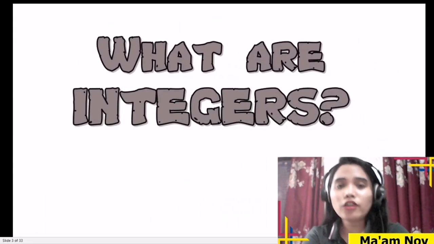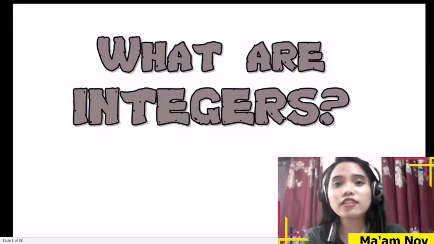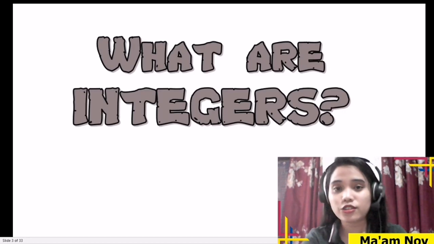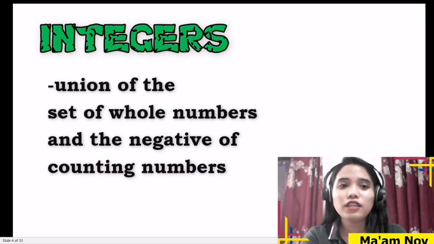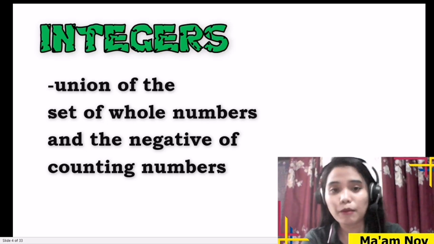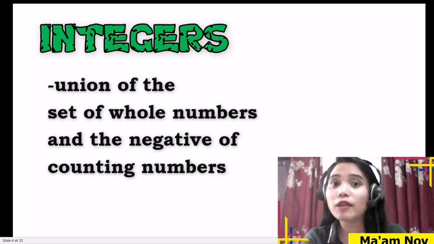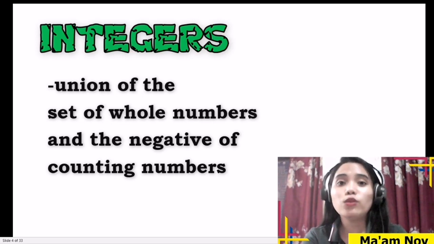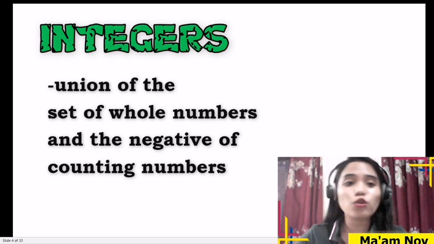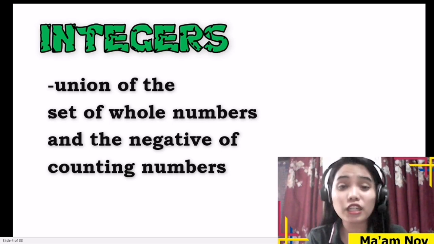Okay, so before operating integers, let's discuss first what are integers. Integers is the union of the set of whole numbers and negative of counting numbers. So, ano pala yung mga whole numbers? Meaning, yung 0, 1, 2, 3, 4, 5, and so on. And negative of counting numbers. So, ano pala yung mga counting numbers? We have 1, 2, 3, 4, 5, and so on.